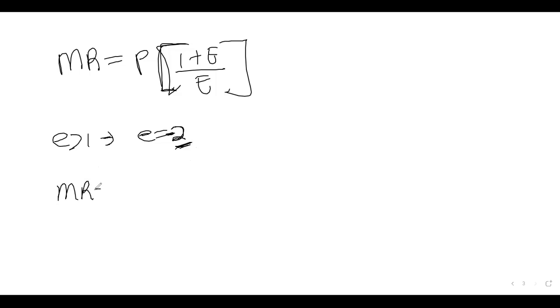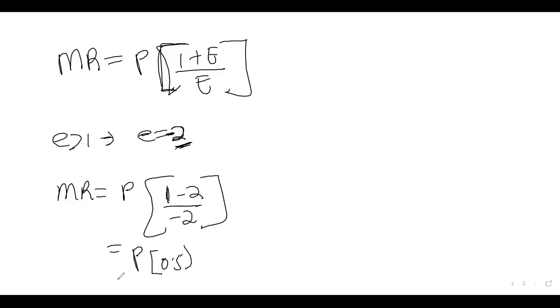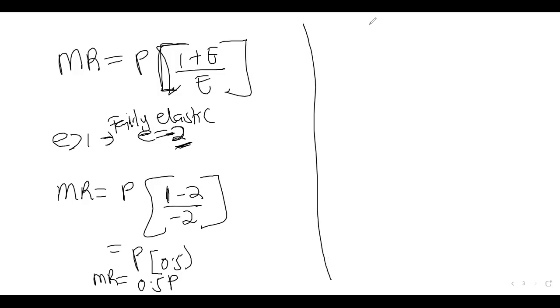The marginal revenue will now be equal to price into bracket 1 plus negative 2, which is 1 minus 2, all over negative 2. This will give us P into bracket 0.5, which is 0.5P. So marginal revenue will be 0.5P. Now let's assume that it is unitary elastic.